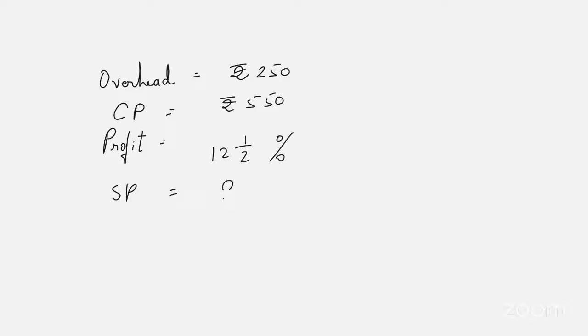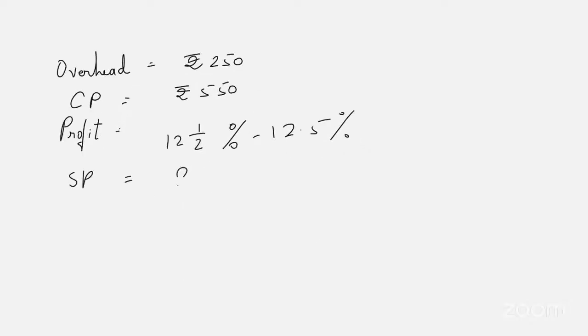Okay. Now, first, it is 12 1 by 2%. Can we write it as 12.5%? Okay. It becomes 12.5%. Now we will convert this to profit.